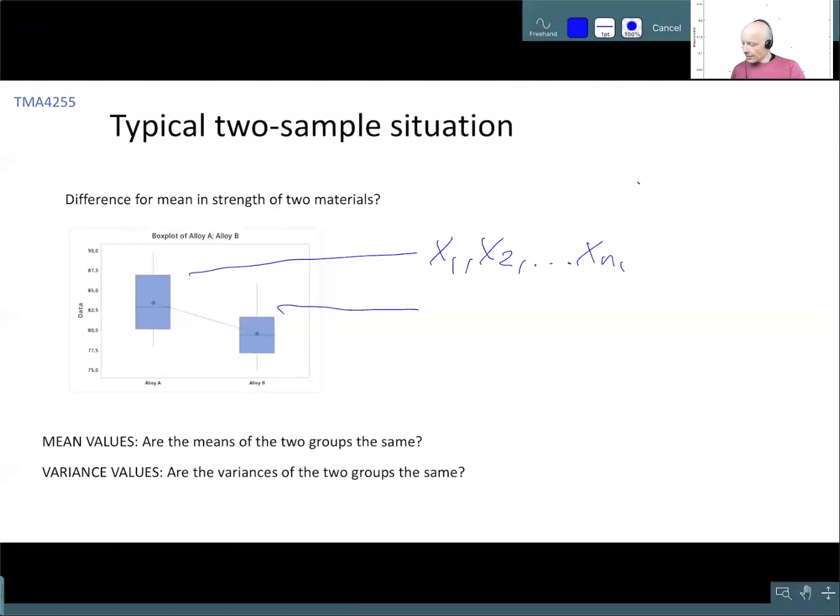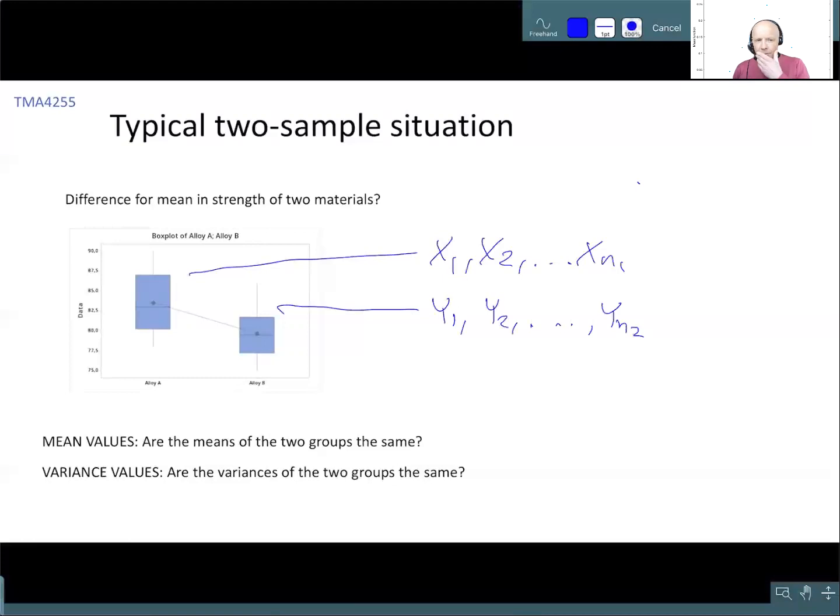The second population, in this case two different materials that are measured, is denoted y1, y2, up to yn2. The interest in these two-sample situations is to test whether one group is different from another, perhaps checking if the means of the two populations are the same or if the variances are the same.